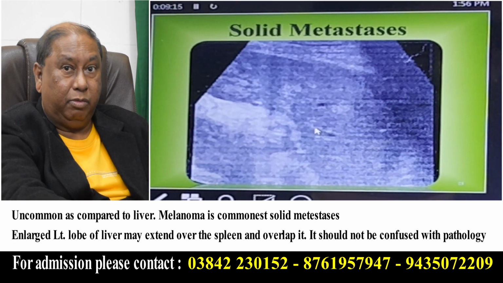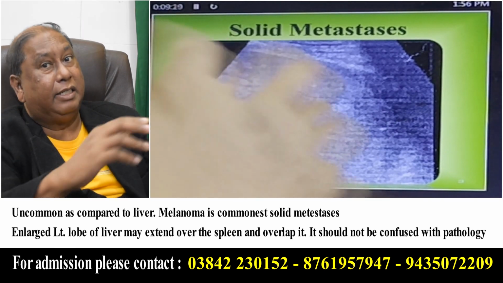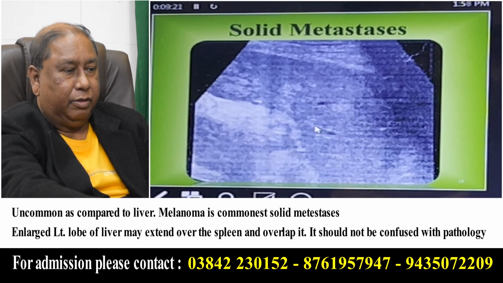It should not be confused with pathology. When the liver comes over the spleen, the splenic tissue and liver tissue are almost the same. You should not be confused. You have to do a deep study to find out whether the liver has come over it or not.